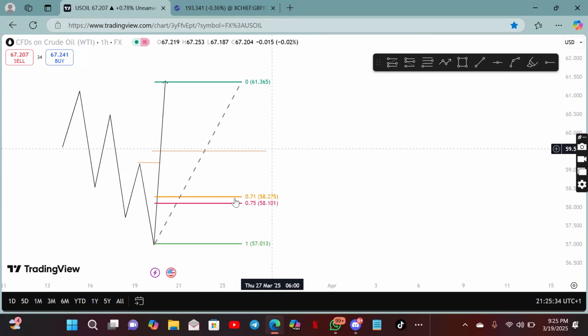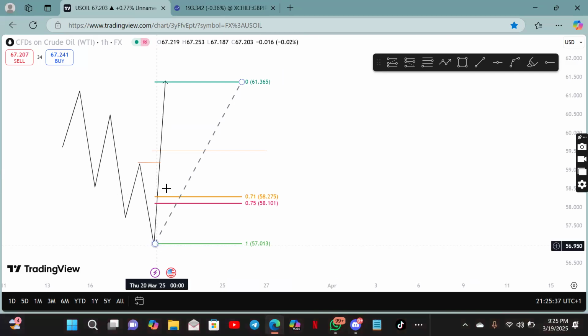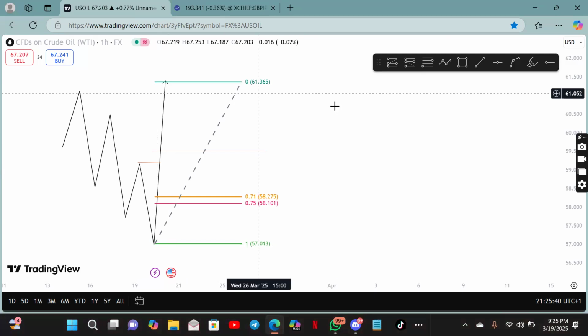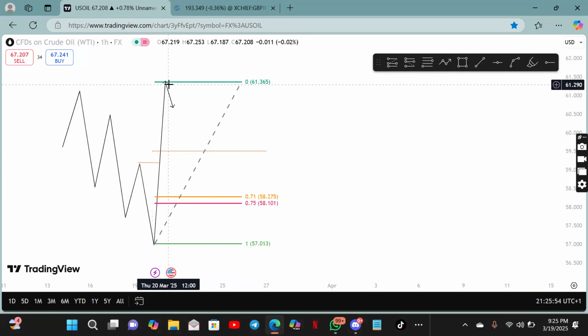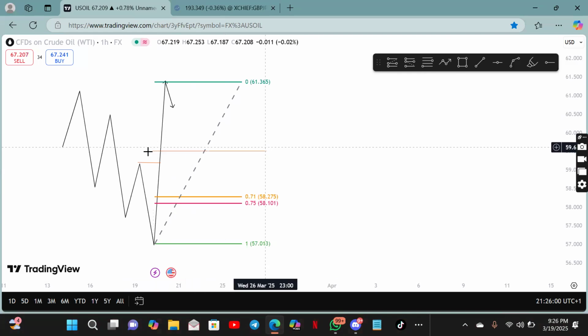In your own Fibonacci, go and check. When you draw it from the beginning to the end of the trend, when you see the trend wants to pull back like this, just go and draw your fib from there to this particular place. Then you will see the 50% inside. Do you understand?